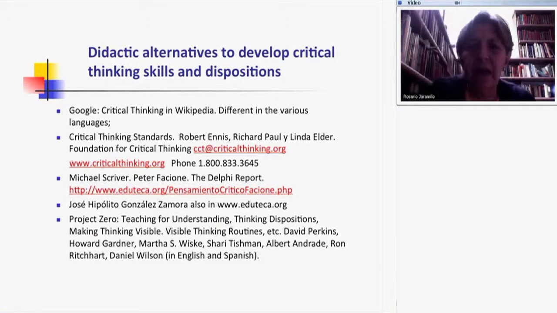In Colombia, for instance, also Jose Hipólito González Zamora has a very interesting alternative in the Eduteca.